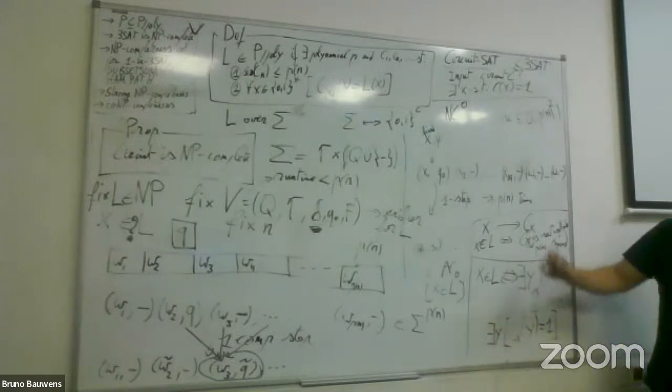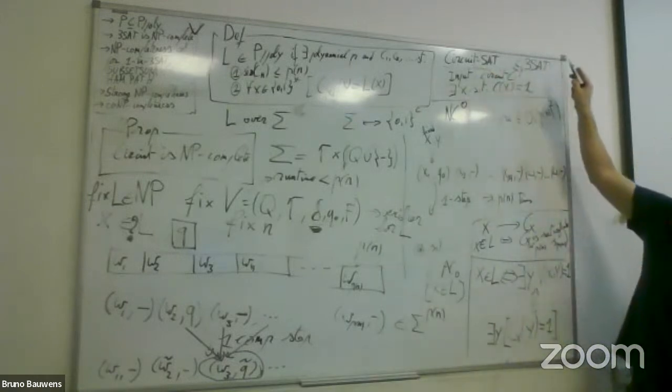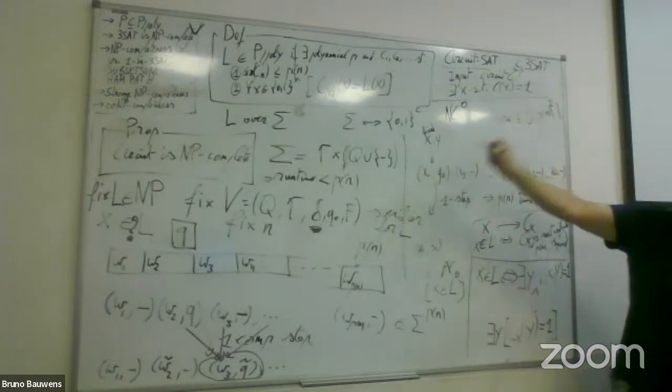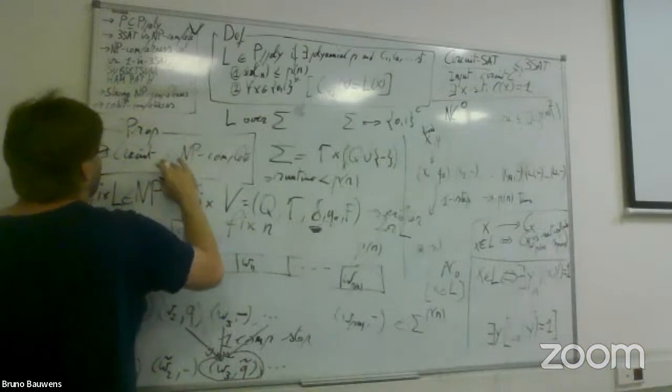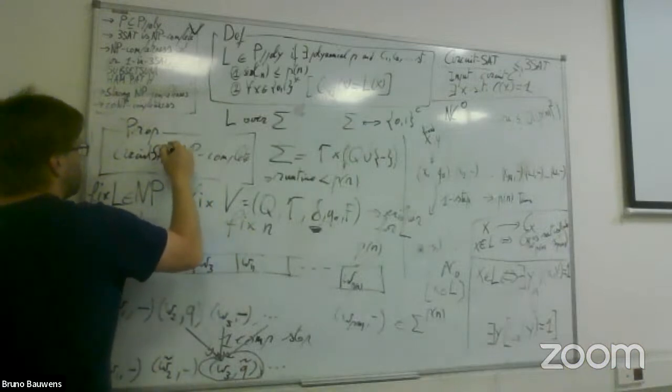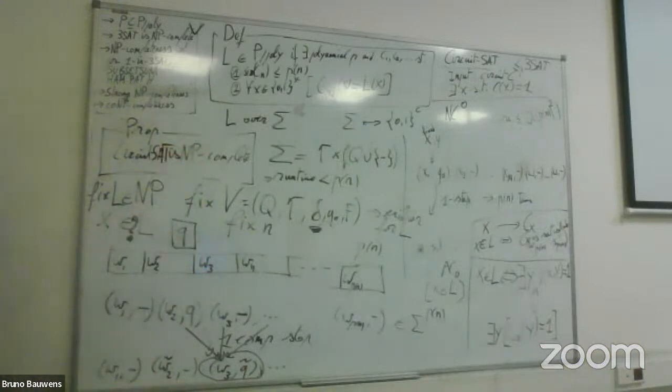What have we just proven? We have proven that circuit SAT is NP-complete. So this proposition: circuit SAT. Oh, I said circuit is NP-complete, but I meant circuit SAT is NP-complete. And then basically, if circuit SAT is complete, then 3-SAT is complete just because of reduction.